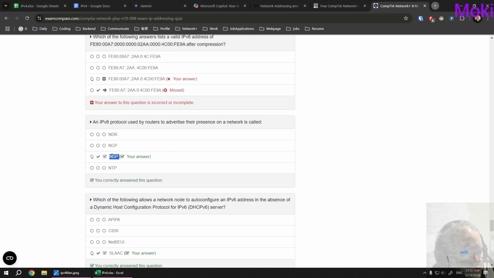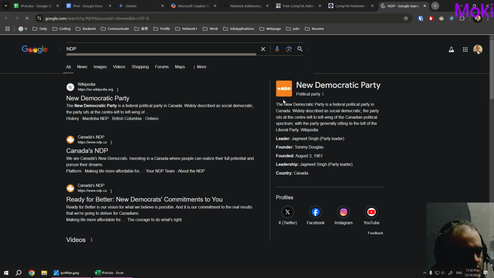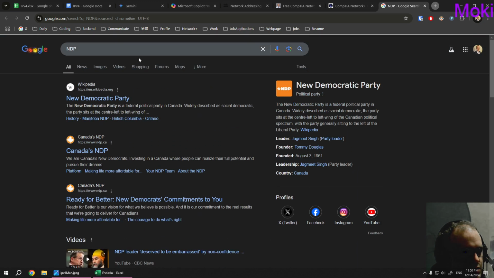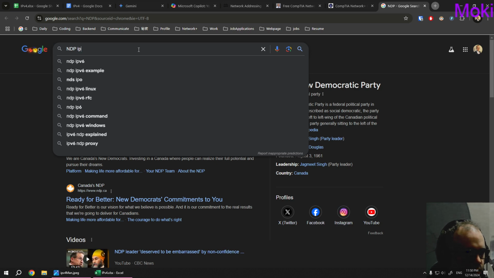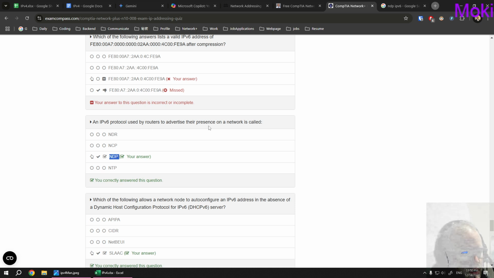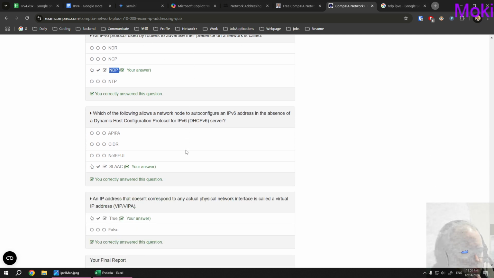NDP. What does that mean again? IPv6. Neighbor discovery protocol. Advertise their presence on a network. Neighbor discovery protocol. And SLAAC, stateless.